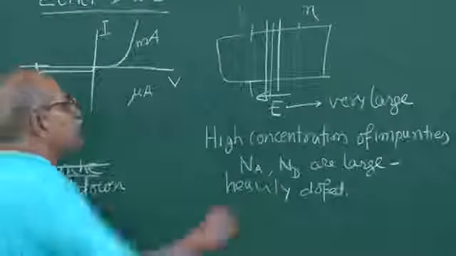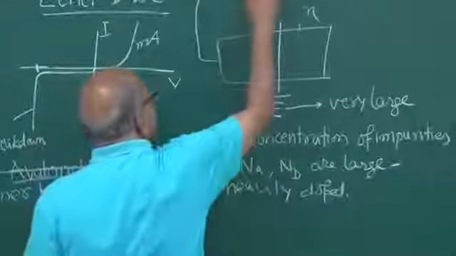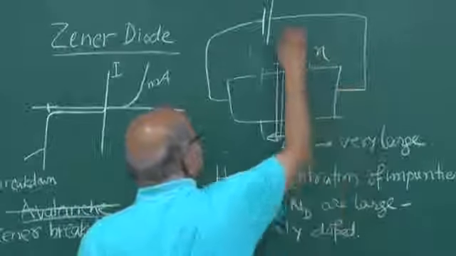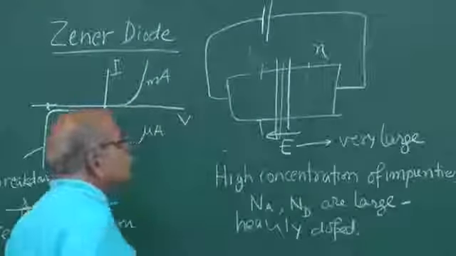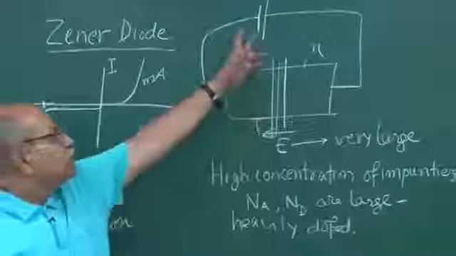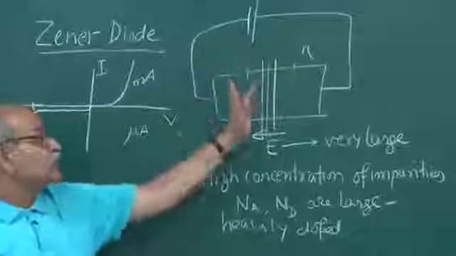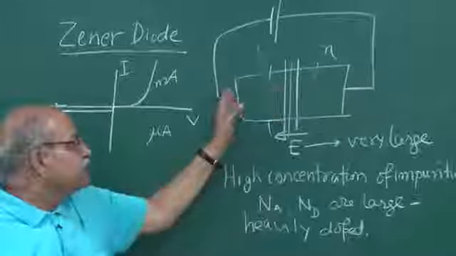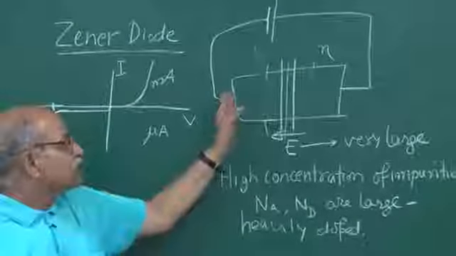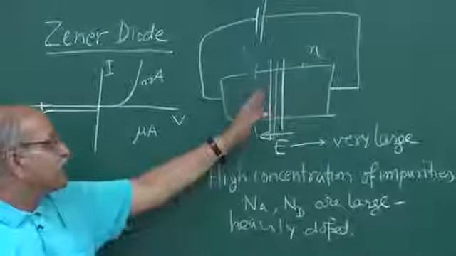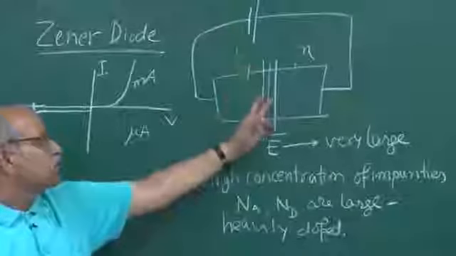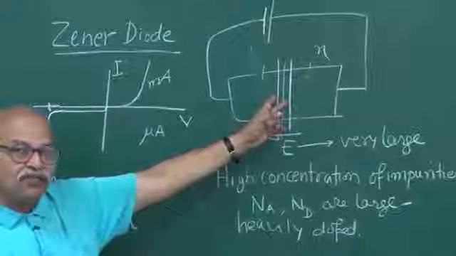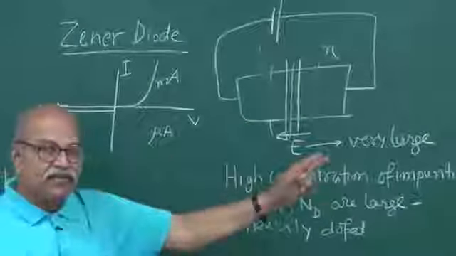If you apply a reverse bias voltage, this P side is connected to negative, and the N side is connected to positive, so it is reverse bias. So we are applying this voltage over this, and in the region beyond the depletion region, the voltage hardly varies. So this entire potential difference drops across this depletion region, and the depletion region is very, very small. So the electric field will become very high.